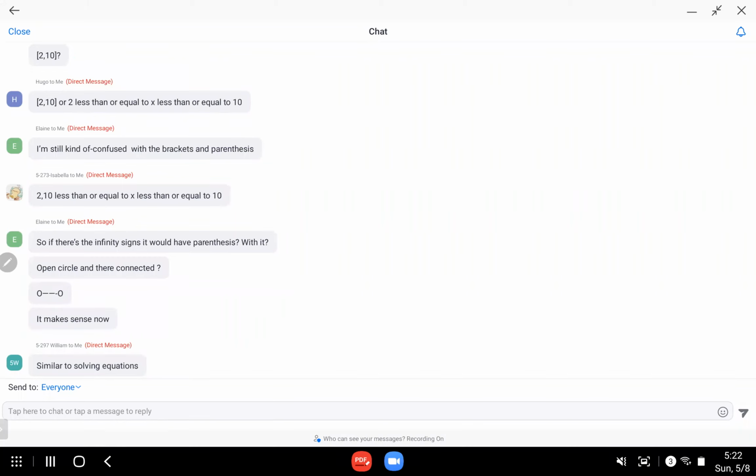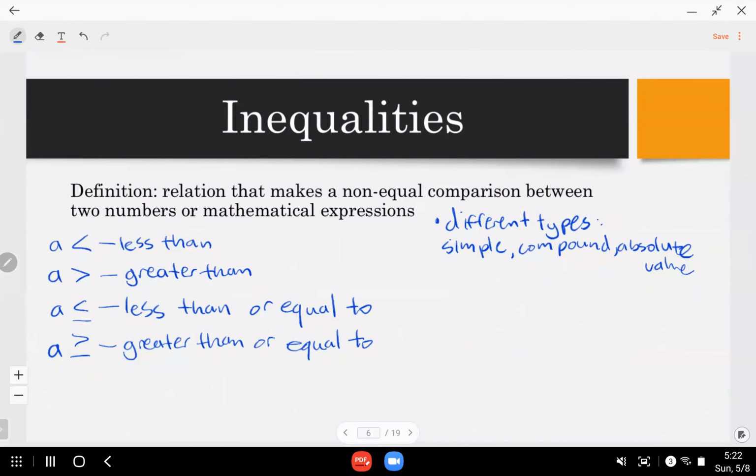All right. Very good. It is similar to solving equations. How? We use inverse operations, right?